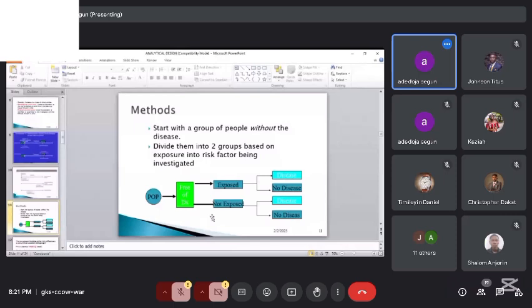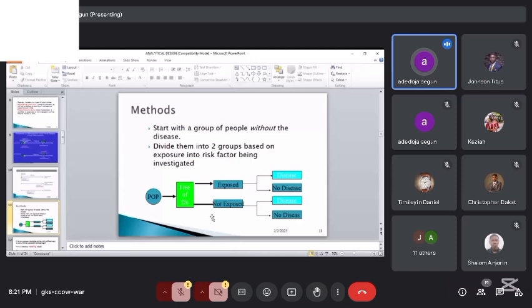Then you get participants and you divide them into two. The first group are having unprotected sex. The other set, which is group 2, are not having it. We are trying to see whether, after a period of time, those people that are not protecting themselves will come down with HIV or not, or whether those people that are protecting themselves will also develop the same disease of interest.